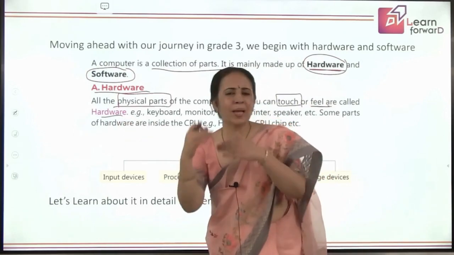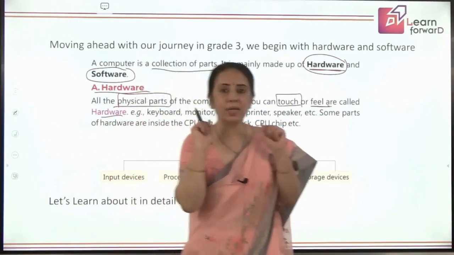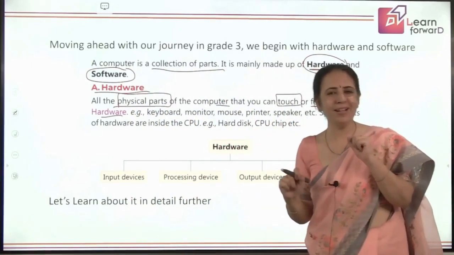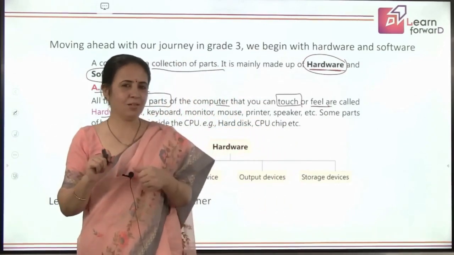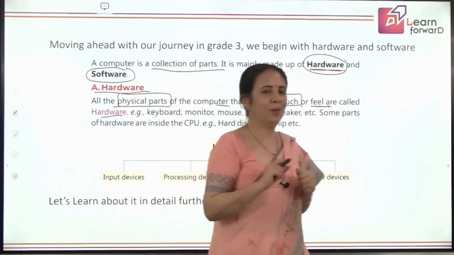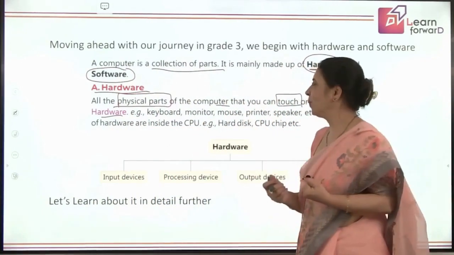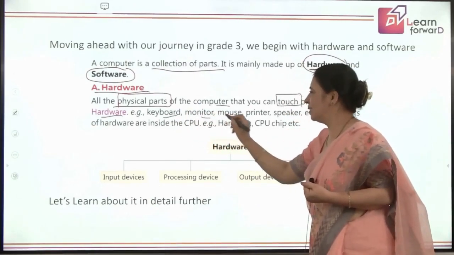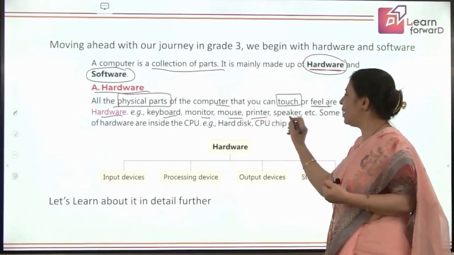So can you quickly name some of the things in the computer that you could touch? Correct. Monitor. What else? Keyboard? Yes. Amazing answer. Oh, mouse. Wonderful. CPU. A long list to go. Correct. We have keyboard, monitor, mouse, printer, speakers.